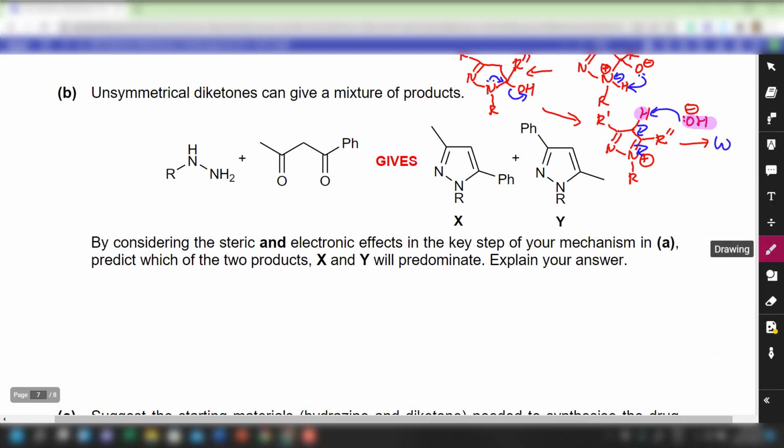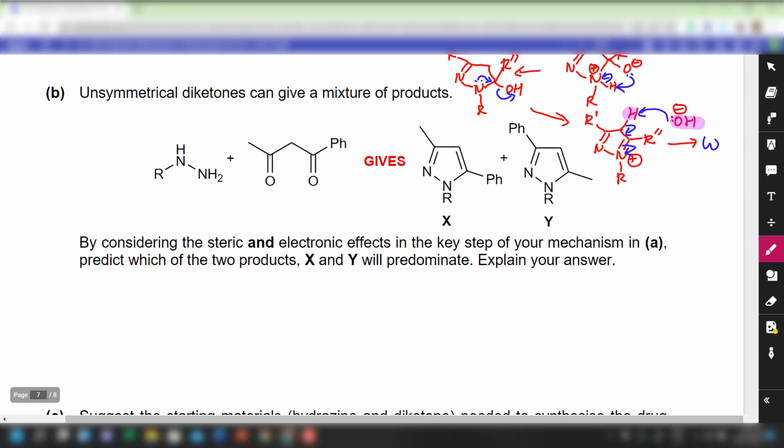Okay, so for part B, we were told that unsymmetrical diketone can give a mixture of products. So of course, in order to get X, the nitrogen on the hydrazine will attack carbonyl carbon 1 first.